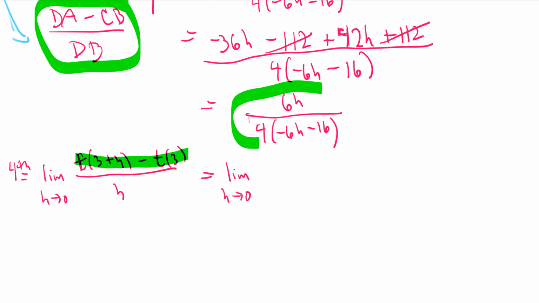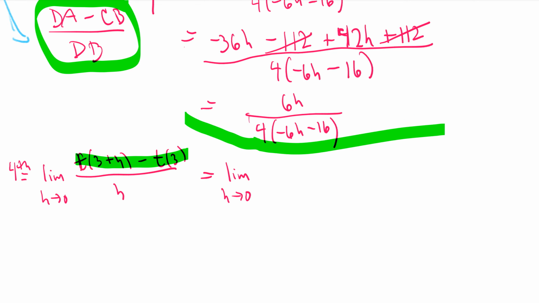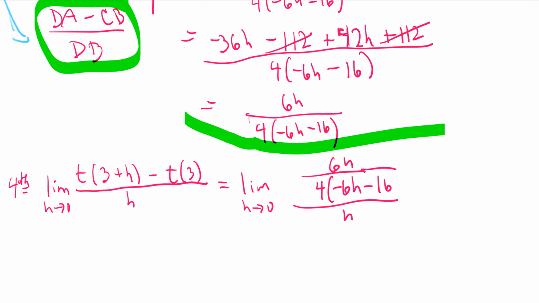That's what we just put all that work into getting. So now's the payoff, is that we put that right here in the numerator over top of h. And so there it is. What we got before is 6h over 4 times negative 6h minus 16 all over h.